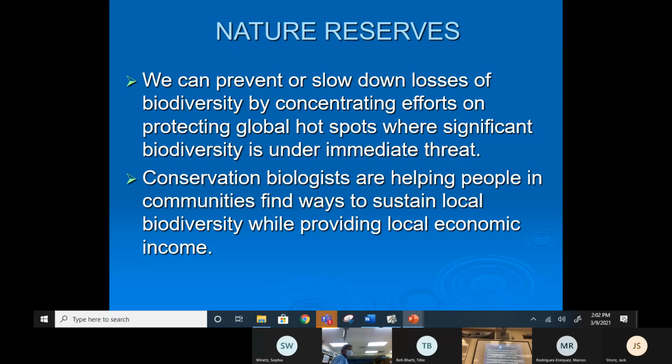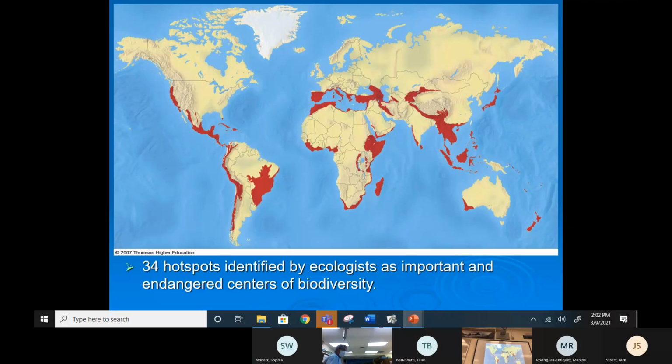Another idea is that we focus on protecting what they call global hotspots, these prime areas of biodiversity, a biodiversity hotspot. So these are 34 biodiversity hotspots across the globe where we have high levels of endemic species and unique species. You can see California is a major one.